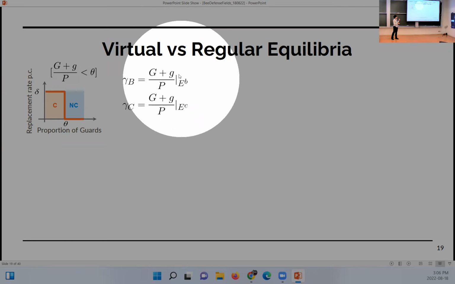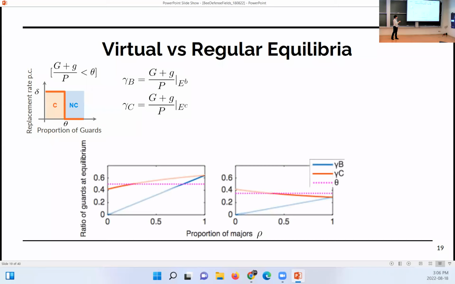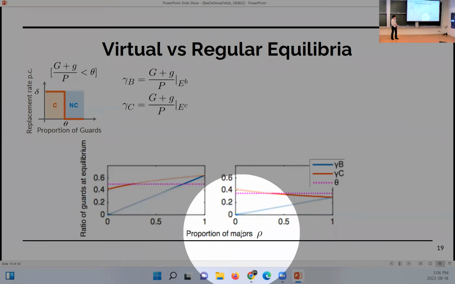But if it's small, then it's actually a virtual equilibrium because it becomes the crisis vector field. So we can define those two proportions, gamma B and gamma C. We can graph them in terms of rho, the proportion of majors, and see how they behave.